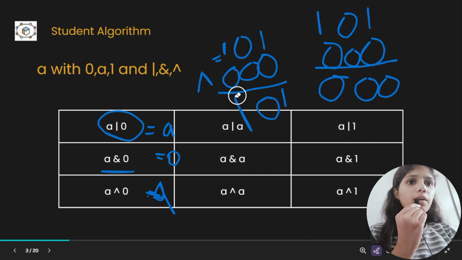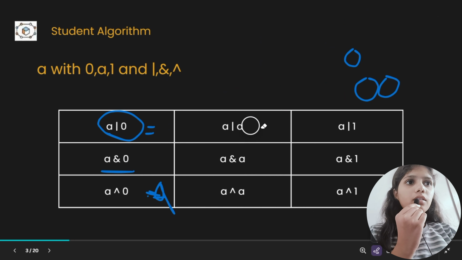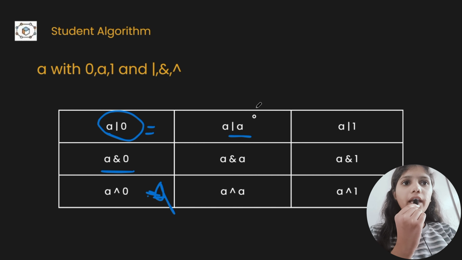Now let's move to A OR A. Suppose A is equal to 5 again, or any number you can take, and you can perform the operation.